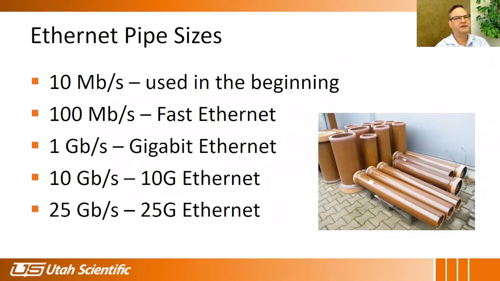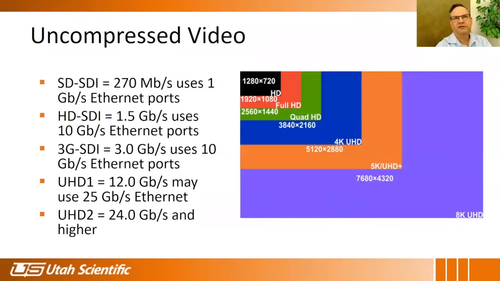But the pipe size has to be able to accommodate the payload. In our case, we know that video is going to be fitting in there, and it's a lot larger than we're used to, especially uncompressed. So 10 gigabits per second and 25 gigabits per second pipes will be needed for those payloads. Here's an idea of what we're dealing with.